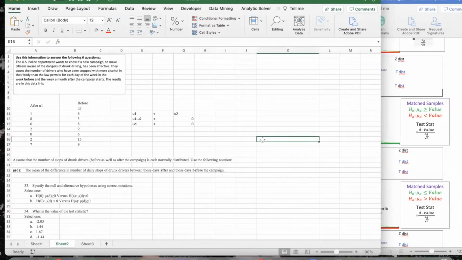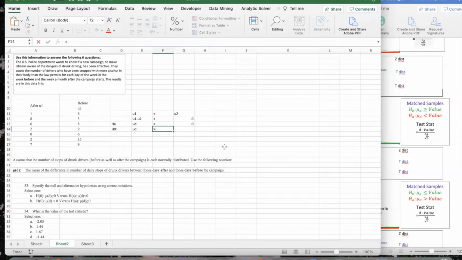And I said this before in one of my earlier videos that typically in these problems, we are given the alternative hypothesis. So this right here is our alternative hypothesis, so HA. And that means our null hypothesis is going to be the opposite. It's going to be mu of d, right? So opposite of less than is greater than. So we're going to do greater than.